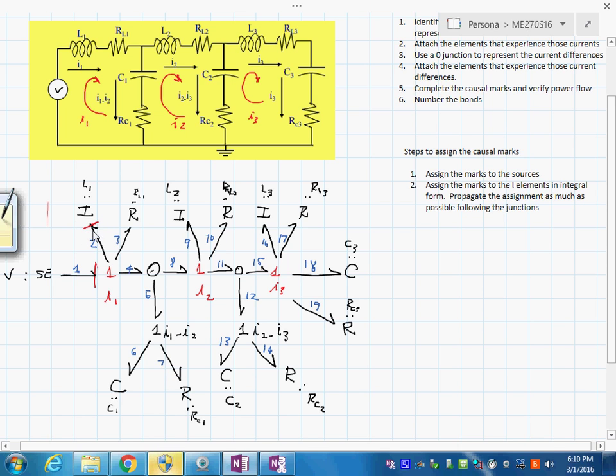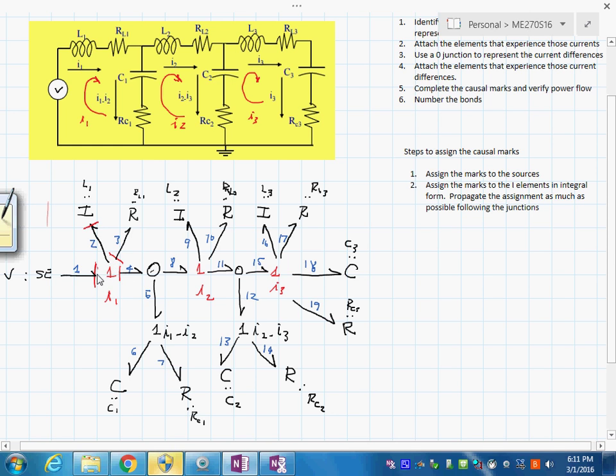If you put an integral form in there, this will have to be like this. If we assign it to this one, all these others will have to be like this. See? Like this.